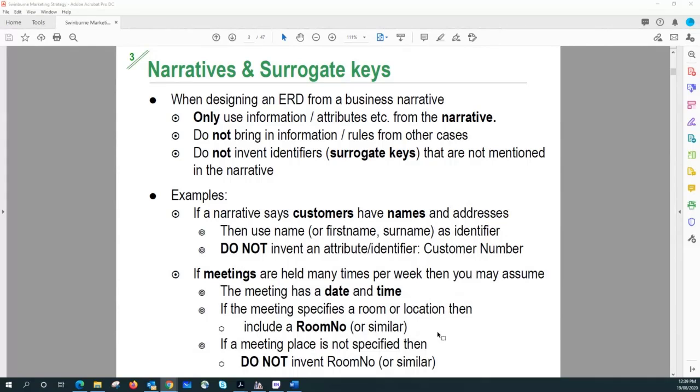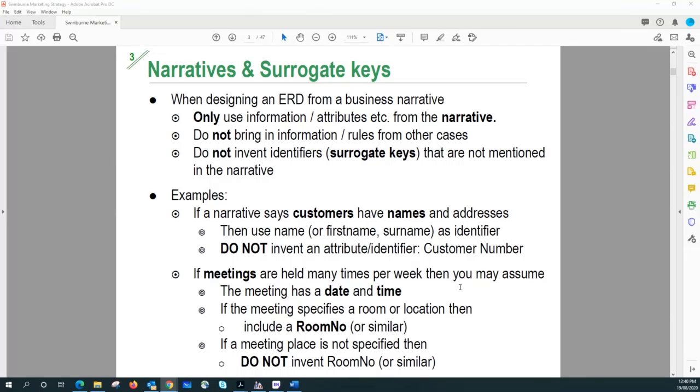And sometimes, for example, a scenario might say that some meetings are going to be held between certain employees, and the meetings are held many times per week. Then we can make a reasonable assumption that a meeting is going to be held on a specific date and at a specific time, right?